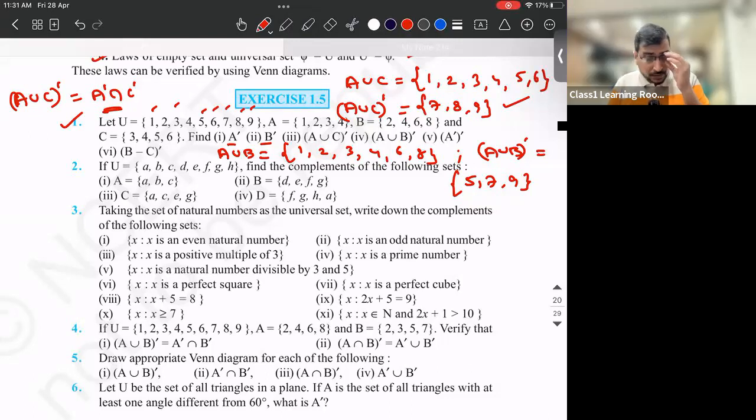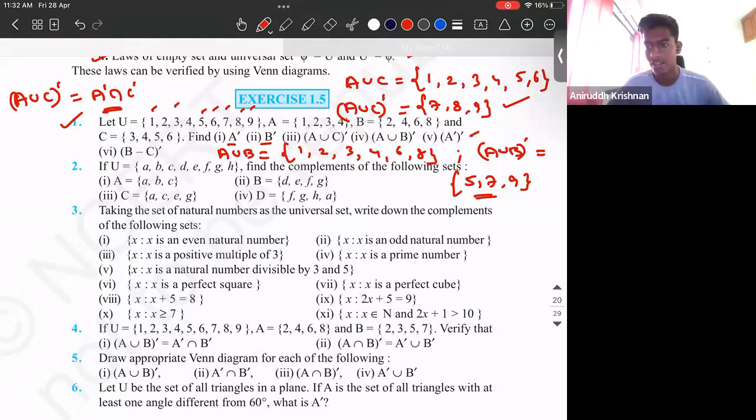What is A complement intersection B complement? It will be 5, 7, 9. Odd numbers, no? So it will be the same. I hope you are able to understand what I'm saying. You can write and see, you will understand it better. So I'm just trying to validate with the property.